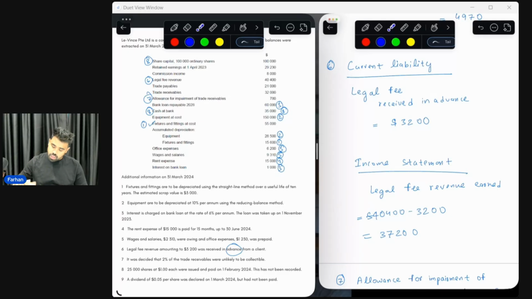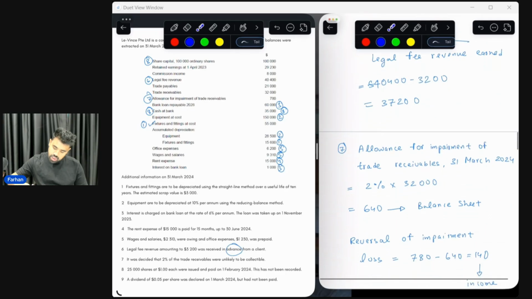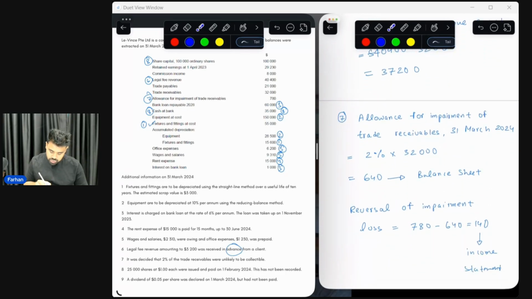Okay. All right. Now, what about additional information number 7? It was decided that 2% of the trade receivables were unlikely to be collectible. So the allowance for impairment of trade receivables at the end of 31 March 2024, which is our concern in terms of preparing the financial statements. So allowance is simply derived as 2%, which is the rate, multiplied by $32,000 because the statement is very specific that 2% of trade receivables.